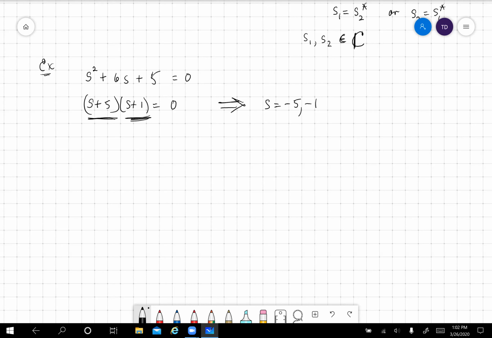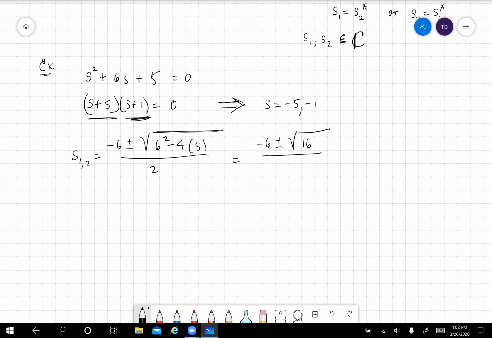in case you're not good at factoring, s1 and s2 are equal to minus 6 plus or minus the square root of 6 squared minus 4 times 5, all divided by 2. That's equal to minus 6 plus or minus the square root of 36 minus 20, square root of 16, divided by 2, equals minus 6 plus or minus 4 over 2.